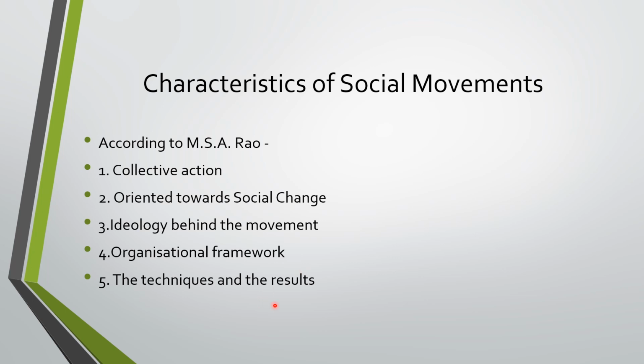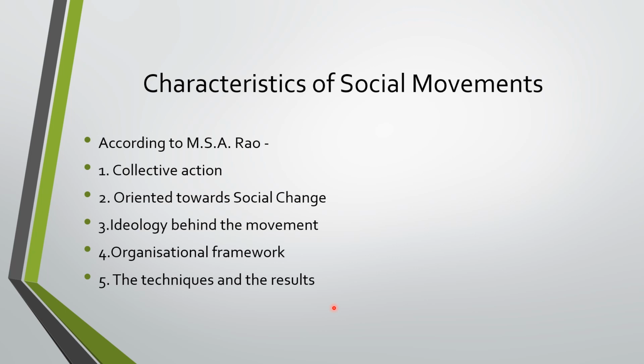Next are the technique and the results. It means that a social movement may adopt its own technique or method to achieve its goal. There is no certainty regarding it. It may follow peaceful or conflicting, violent or non-violent, coercive or persuasive, democratic or undemocratic means or methods to reach its goal.